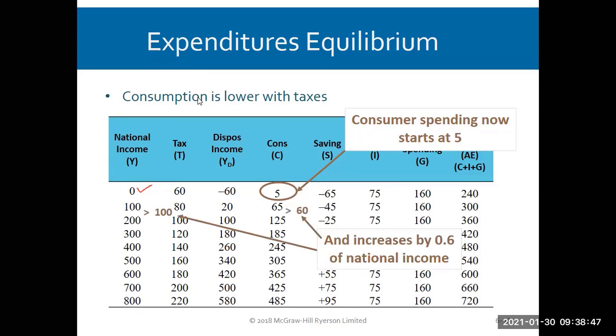Well, all we have to do is take a look at changing national income, like we do here from 100 to 200, and we see that consumption increases by 60. So the marginal propensity to consume is 0.6, which is 60 divided by 100. If you go back, you can figure that out from previous sections. So now our new consumption function is different. C is 5 plus 0.6y, which is exactly what we got in the math on the previous slide.